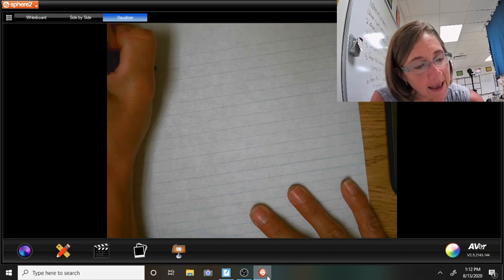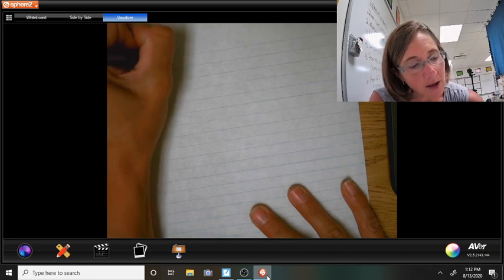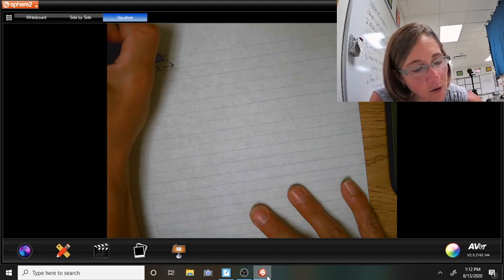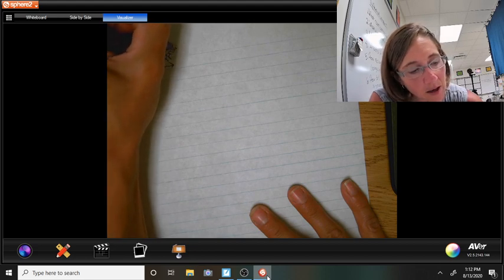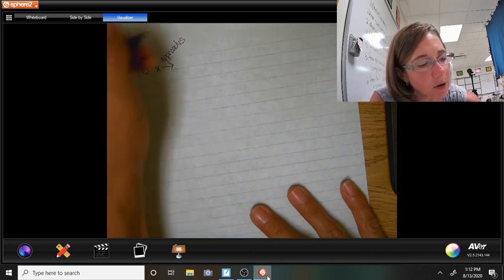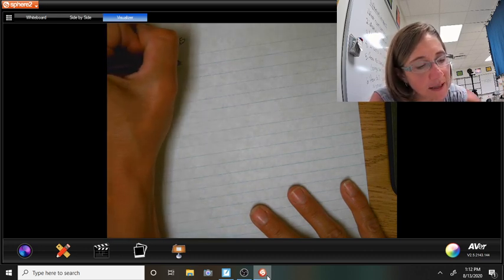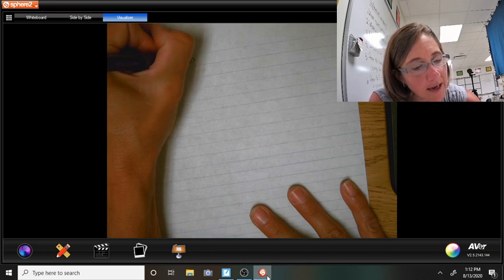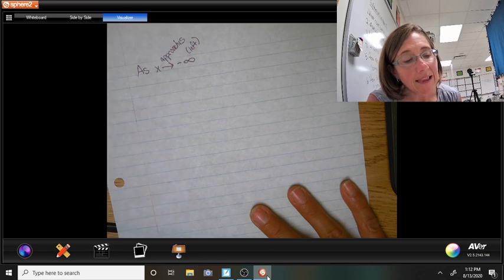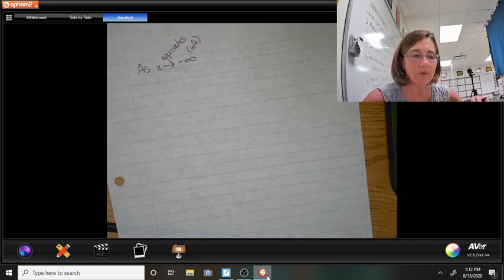As x approaches, so here's your new symbol of the day. This arrow you read as approaches. That means it heads that way. As x approaches, and we are going to the left, so that's negative infinity. I'll label that left. The x-axis goes left and right.